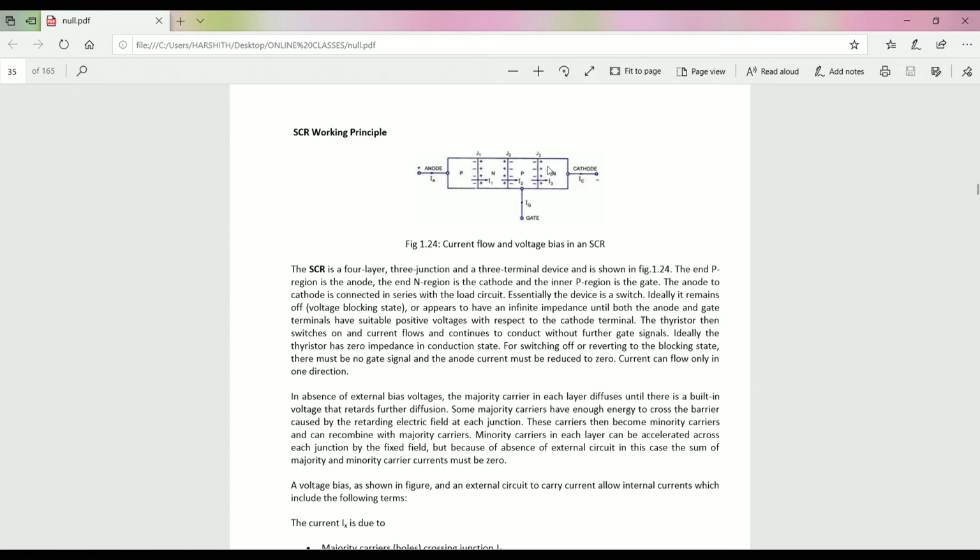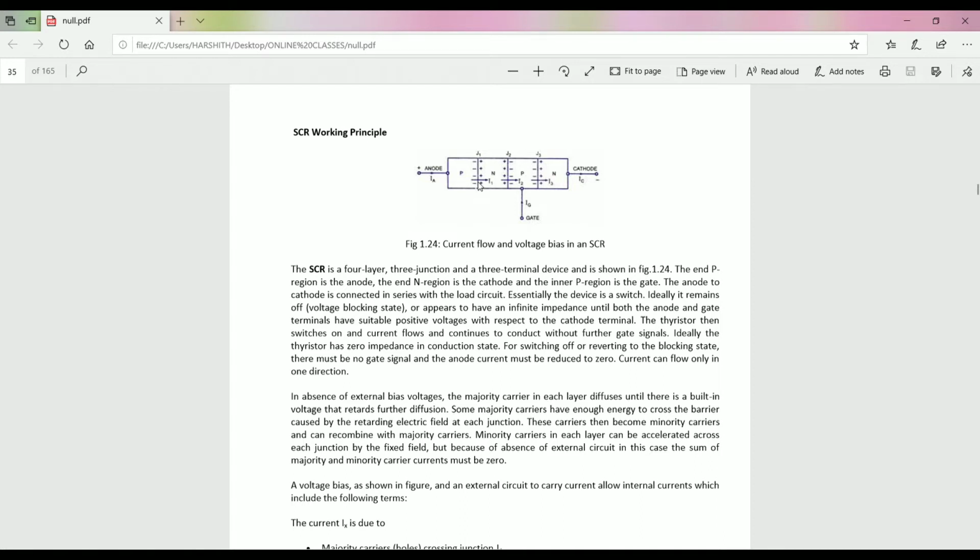Due to this regenerative action, within a short time the junction J2 breaks down and the SCR conducts heavily. The connections are shown in the figure. Once the SCR conducts, the gate loses its control.